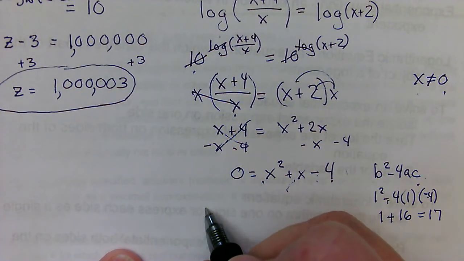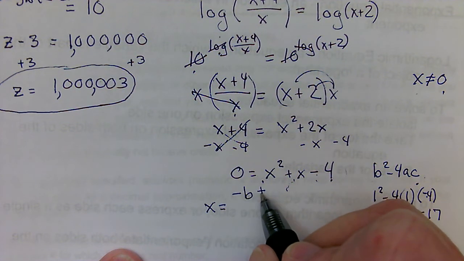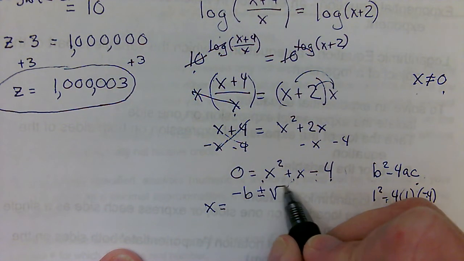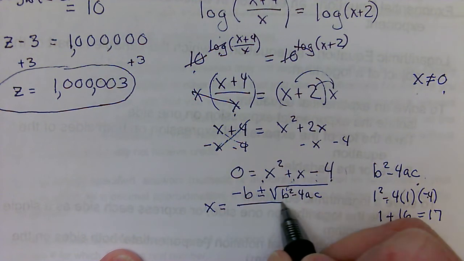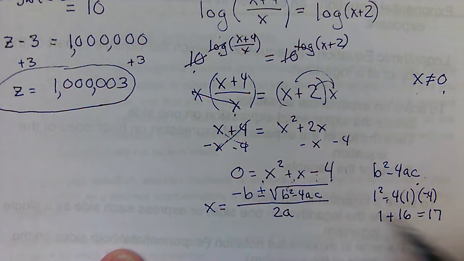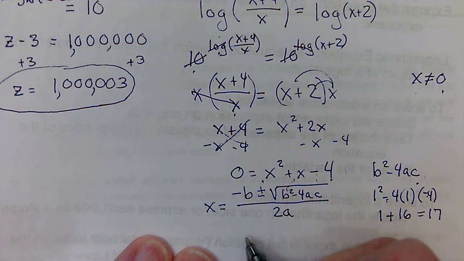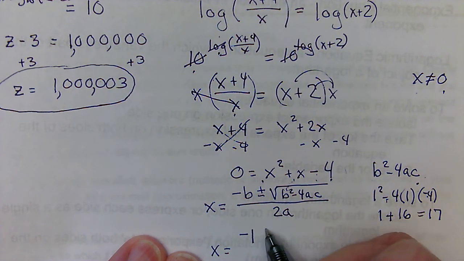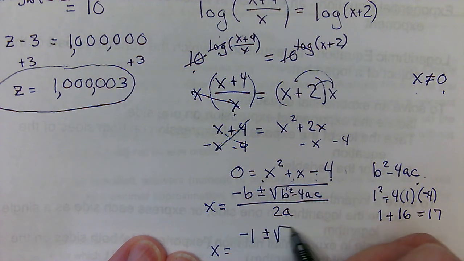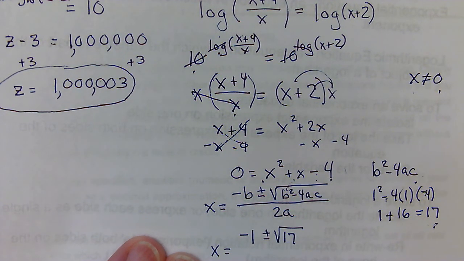So for the quadratic formula, which is x equals negative b plus or minus the square root of b squared minus 4ac, all over 2a, we now can plug in our numbers. So b again was 1, so negative b is negative 1. b squared minus 4ac was 17 from our calculations over here.